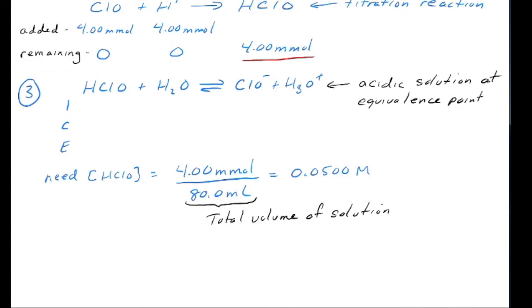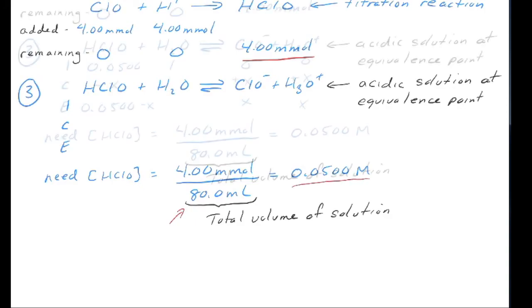We can figure out liters because we know how much we started with. Our analyte solution was 40 milliliters, and 40 milliliters of HCl was added, so our total volume is now 80 milliliters. A millimole per milliliter gives us moles per liter, so the concentration of HClO is 0.05 molar.